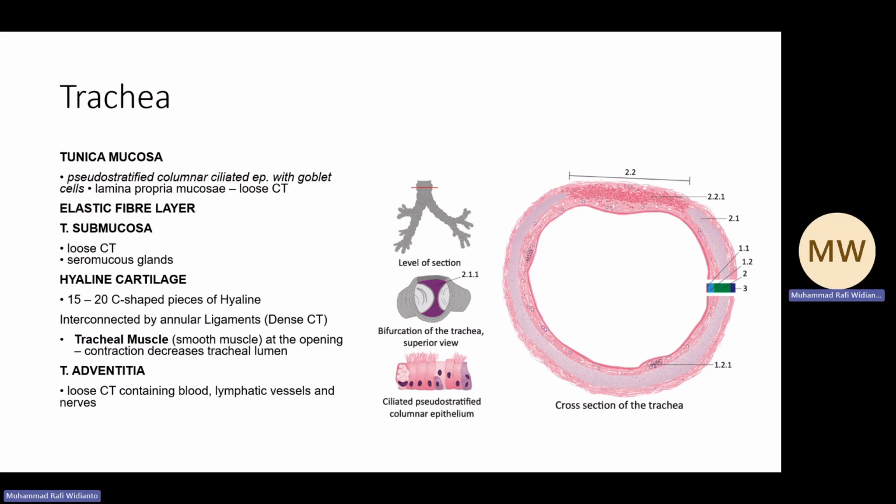And the hyaline cartilage, we can also see it contains 15 to about 20 C-shaped or horseshoe-shaped pieces of hyaline cartilage, and they are interconnected by the annular ligaments, which is dense connective tissue. And as you know, the cartilage basically helps prevent the trachea from collapsing and keeps the airways always patent.